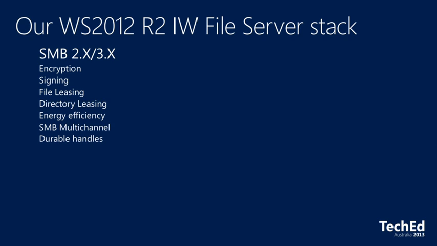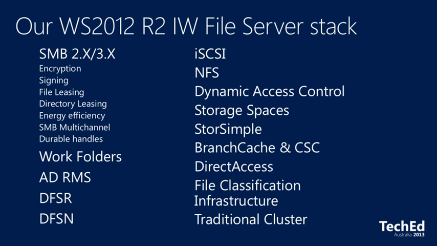I mean, stupid stuff like this we should have been doing the whole time. Multi-channel. All those pieces are just from SMB, and then all this other stuff in the file server stack is for you too. Work Folders. If you didn't go to that presentation, definitely go watch whatever it gets on Channel 9 or whatever. It's cool. I mean, it's really cool, and everybody wants it and loves it.